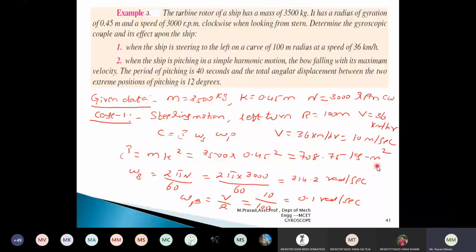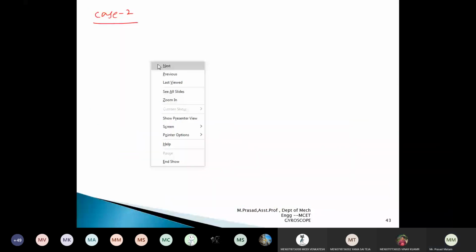So the total, it has to move from upward to downward. The total displacement, how much have they given? 12 degrees. You can take it as 2 theta. So what is the angular displacement they have given? 2 theta. 2 theta is 12 degrees.